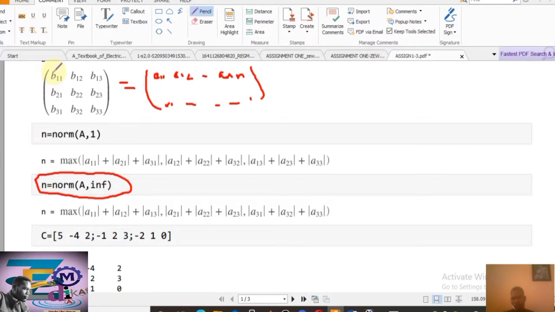Our first column is B1 here, so B11 up to the n by n matrix here. So our matrix size is 3 by 3.